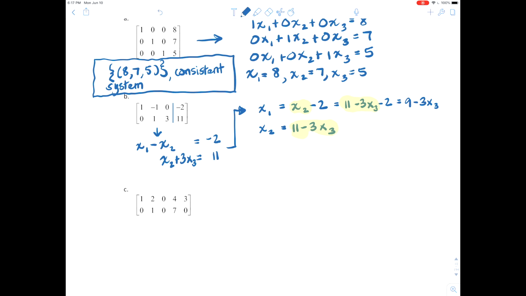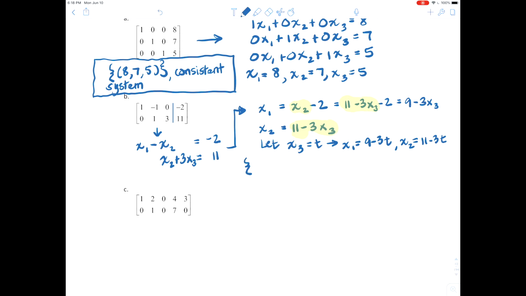Cool? Now let's parameterize. The only parameter we'll have is x3. So why don't we let x3 equal t? And so that means that x1 will equal 9 minus 3t, and x2 will equal 11 minus 3t.